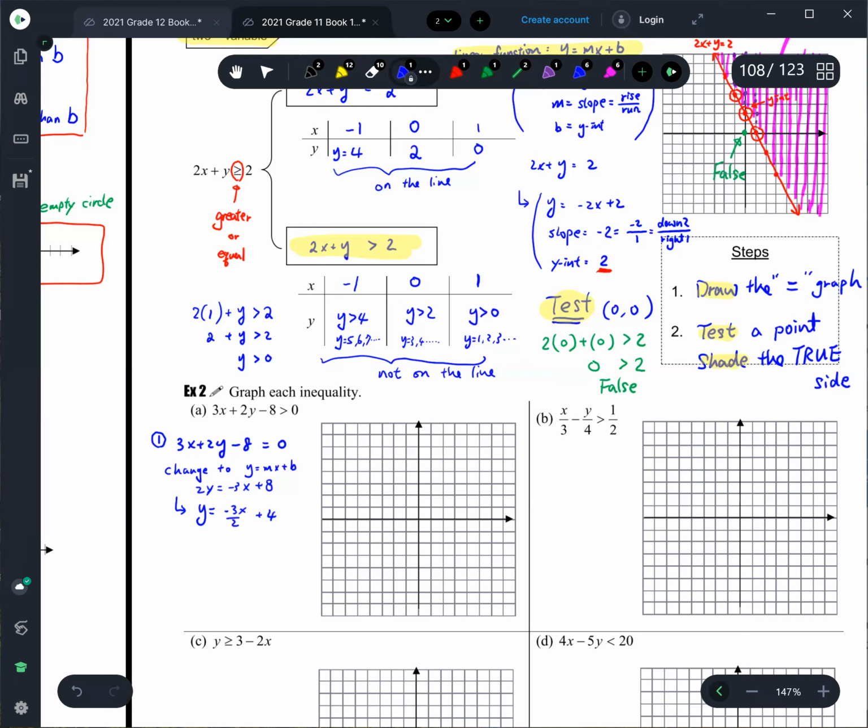Very good. So what is the slope then, Bernice? Negative 3/2. Very good. And what is the y-intercept?